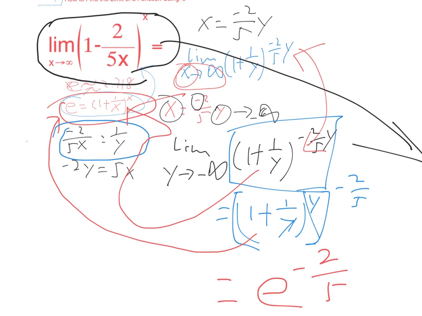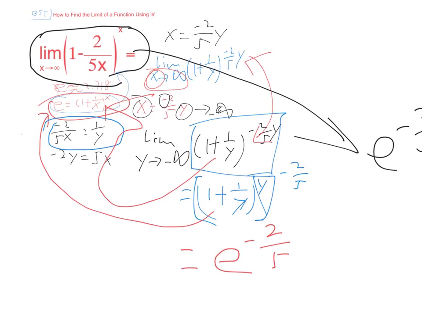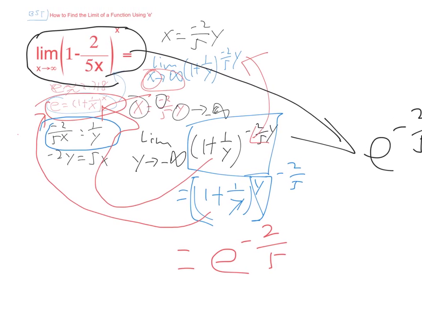I want the existence of 1 over x. 1 over x is extremely important in this video. So actually that's the key to help us replace (1 + 1/y) to the y with e.